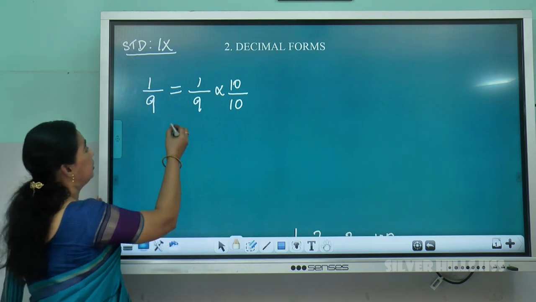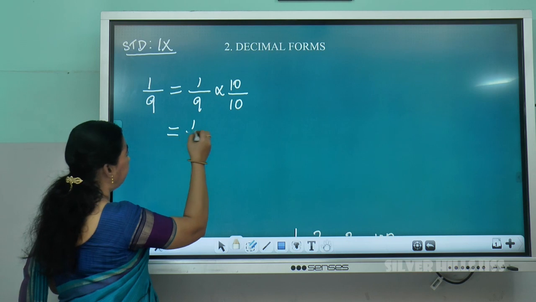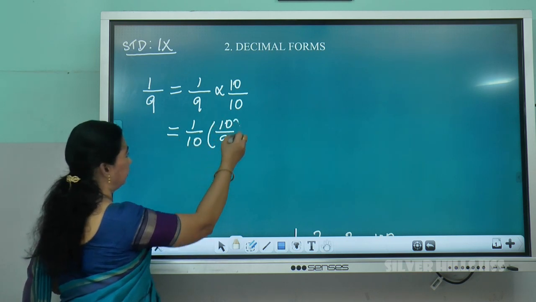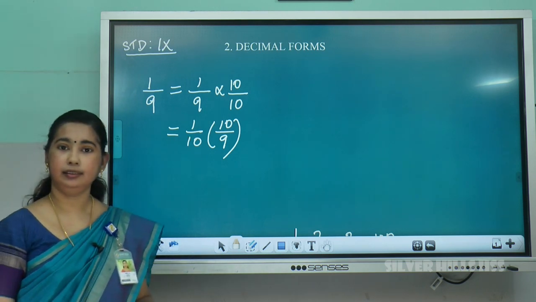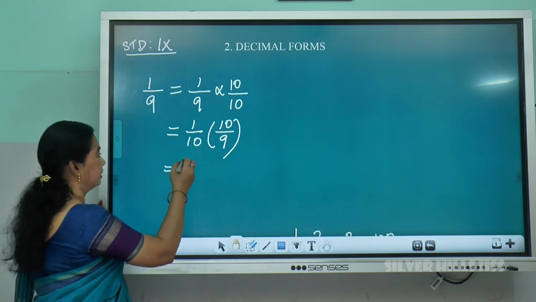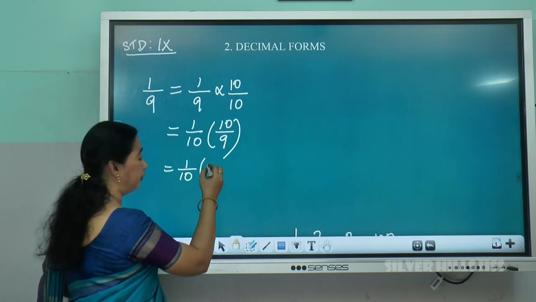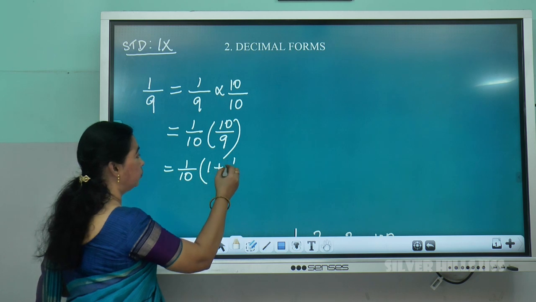Rearranging this fraction, I will get 1 by 10 into 10 by 9. And this 10 by 9, we can write as a mixed fraction. So, it becomes 1 by 10 into 1 plus 1 by 9.